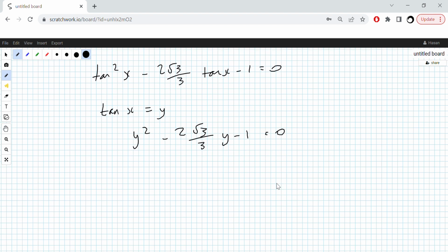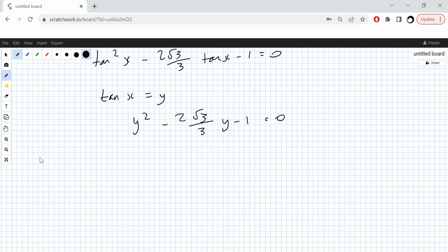There's two ways we can go about this. First way is using the quadratic formula, minus b plus minus the root of b squared minus 4ac, with a being 1 y squared. A is 1, b is minus 2 root 3 over 3, and c is minus 1.